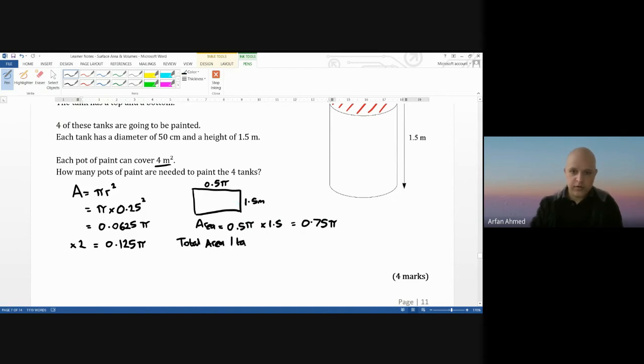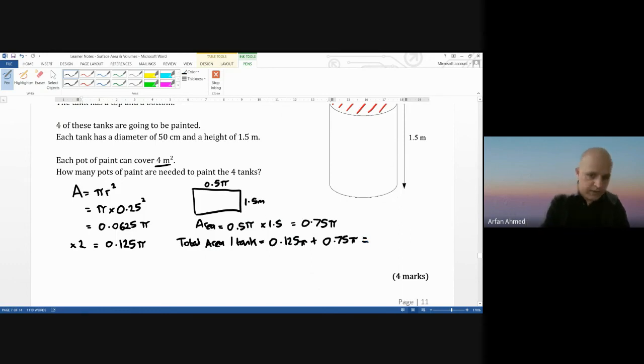Let's do it for one first. 0.125 pi plus 0.75 pi. See, I didn't write all those decimals. I'd be there forever if I started writing all those decimals. If I didn't do it in terms of pi, it'd be very messy, and you could get it wrong for your final answer, because you're not going to be completely accurate.